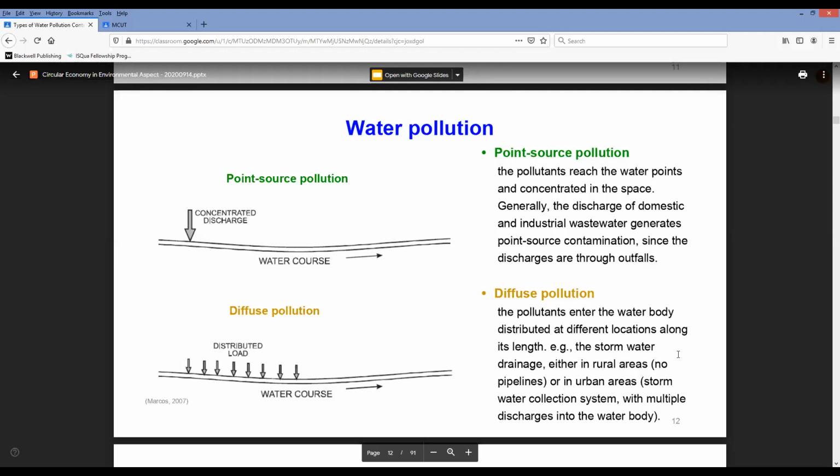The next one is diffuse pollution, where the pollutant enters the water body and is distributed at different locations along its length. For example, stormwater drainage, either in a rural area with no piping, or in an urban area where the stormwater collection system has multiple discharges into the water body. This is called diffuse pollution. Usually for diffuse pollution, the contaminated area is larger, it's bigger. Next please.